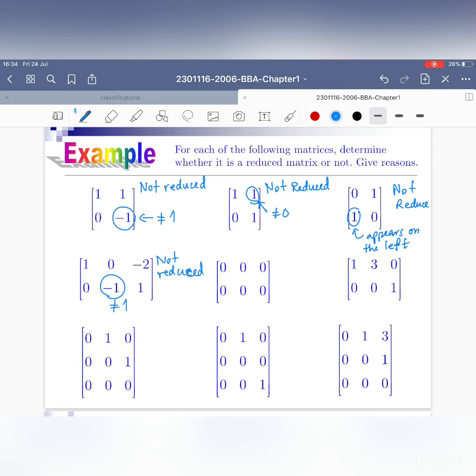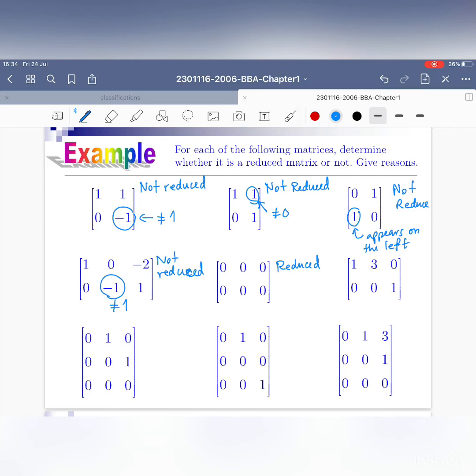All right. There it is all 0. There it is all 0. There's no 1. So this one is already reduced, okay? Because if you have a non-zero, then it needs to follow all the properties. But this one you have all 0, so it is okay in the first place.